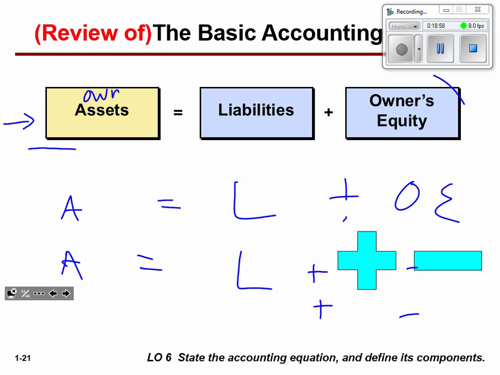What are the plus two things, if we want to look at it expanded? Plus investments, plus revenue, minus expenses, minus drawing. Can it be in whatever order? Yeah. That's this section of the chapter in a nutshell.